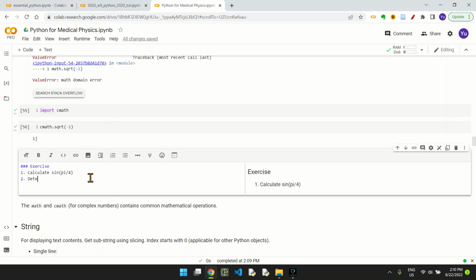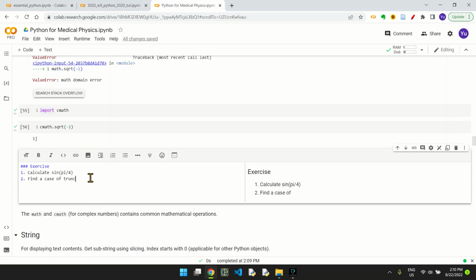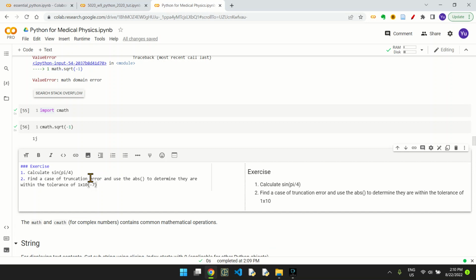And then second is to find a case of truncation error and use the abs function to determine whether they are equal or within the tolerance of 1 times 10 to the power of -7. I made this one because I want you to follow those syntax, write down how to express all these numbers, and use abs on that.